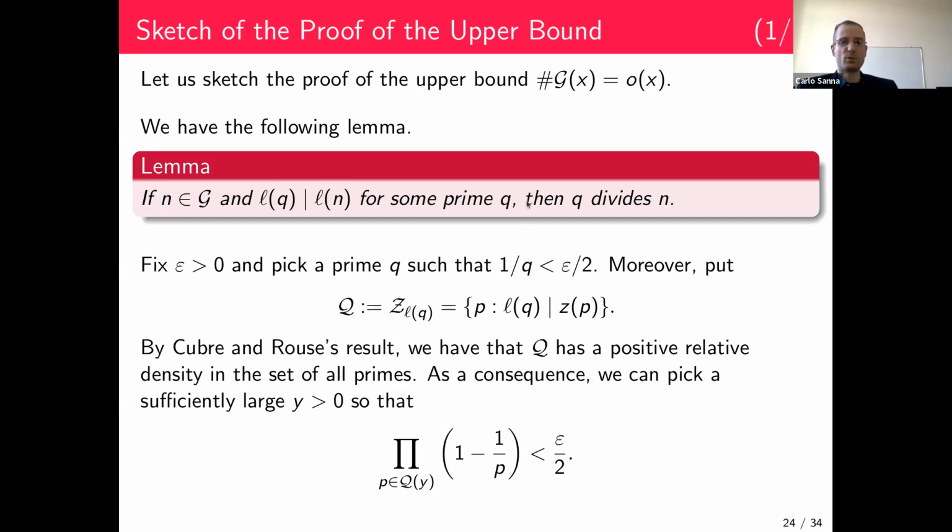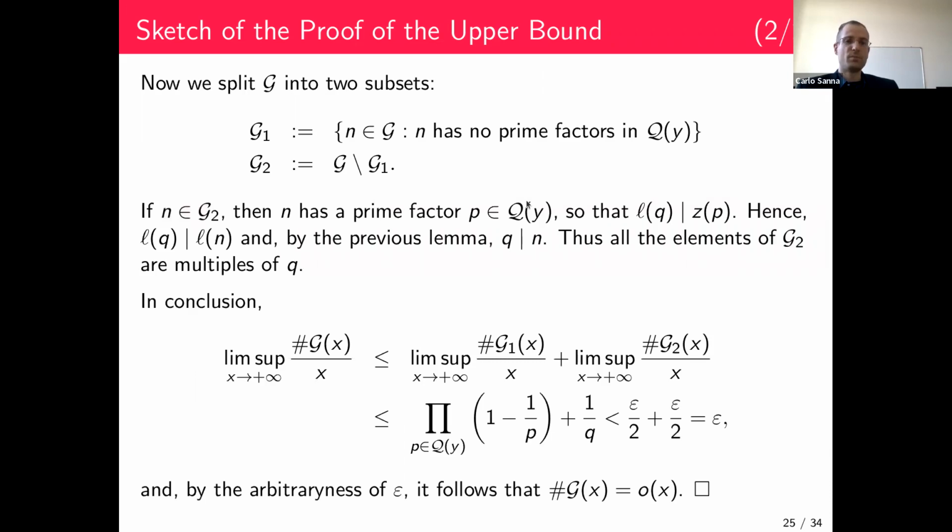Then the idea is to use this lemma. We split G into two subsets. The first is the one of elements without prime factors in big Q up to y. And the other part is the complementary set.